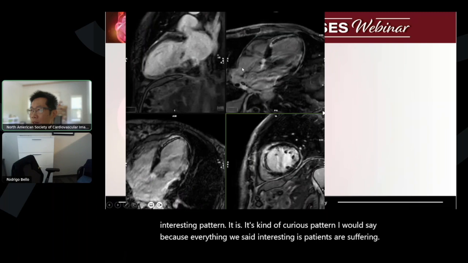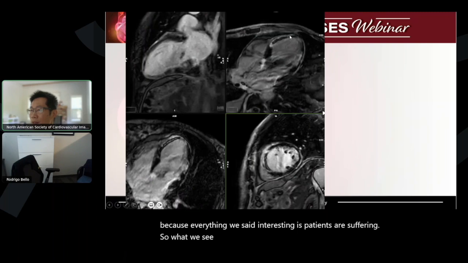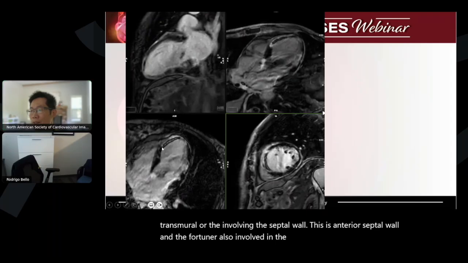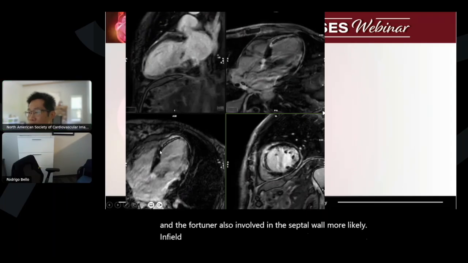What we see here, there seems to be a transmural enhancement involving the septal wall. This is the anterior septal wall. The four chamber also involves the septal wall, more the inferior septal wall.